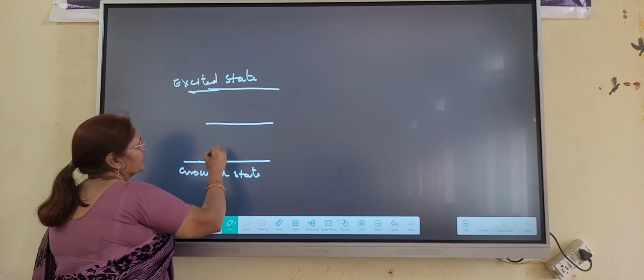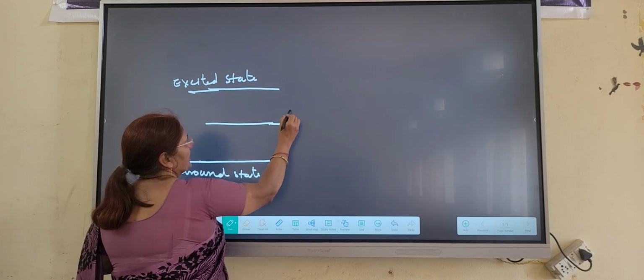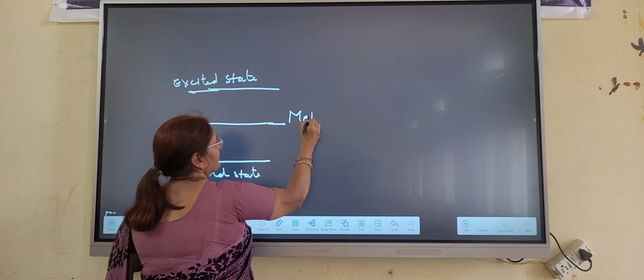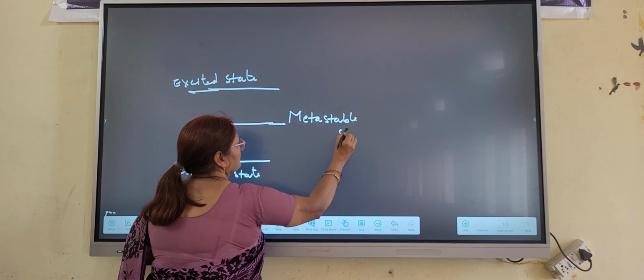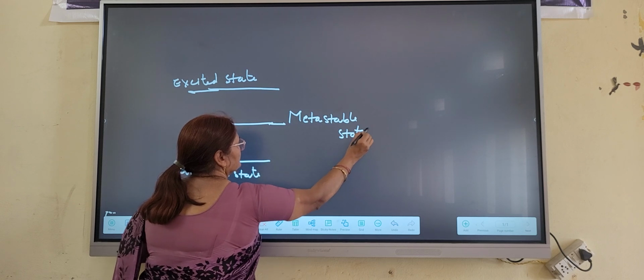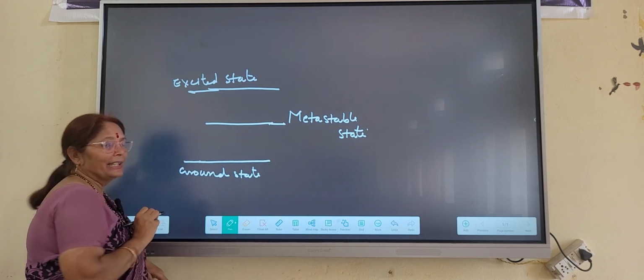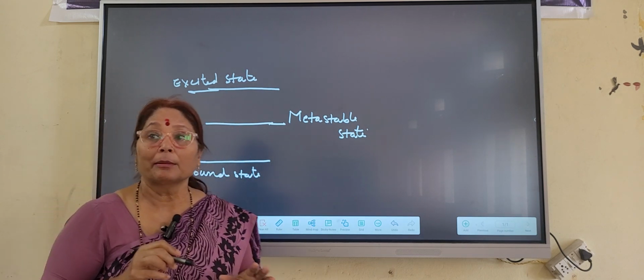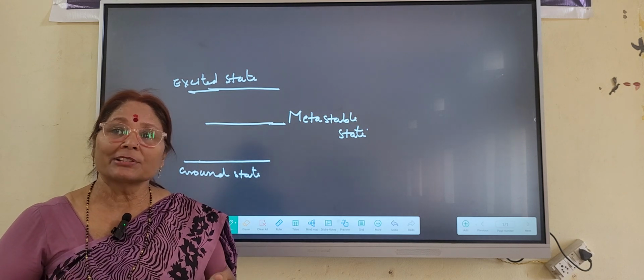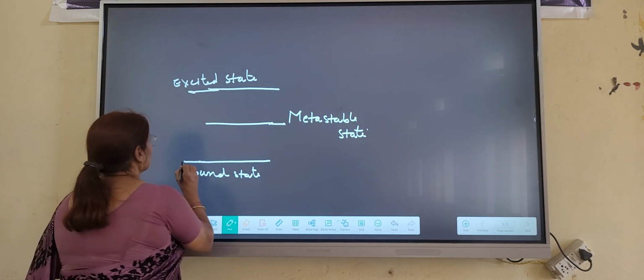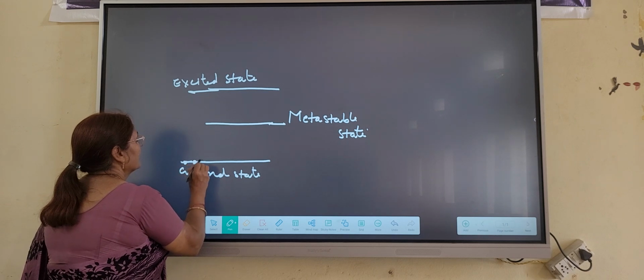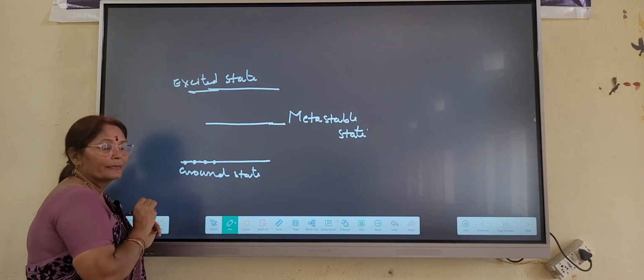And apart from these two states, we take one more state which is called the metastable state. Now, usually at room temperature, there are many atoms, but these atoms are present in the ground state. So the population of the atoms is more in the ground state.